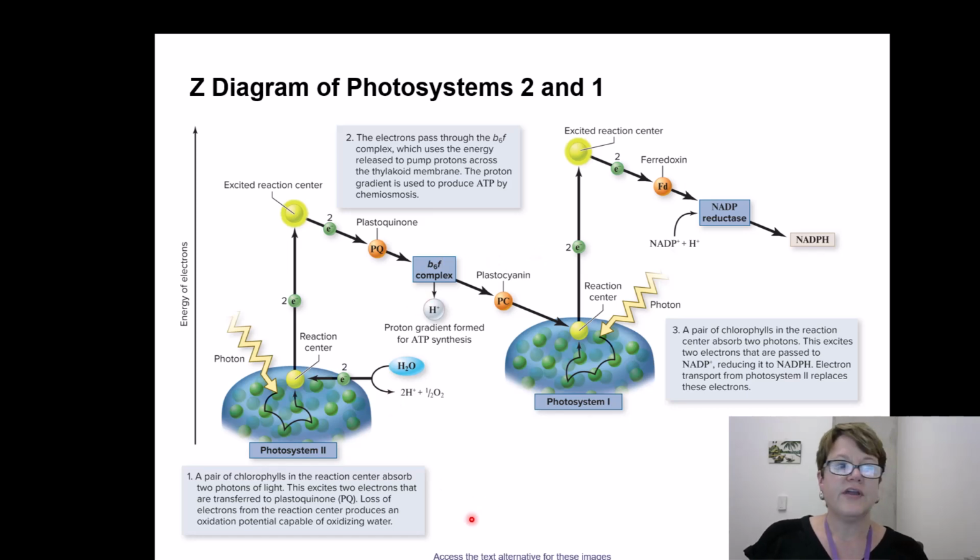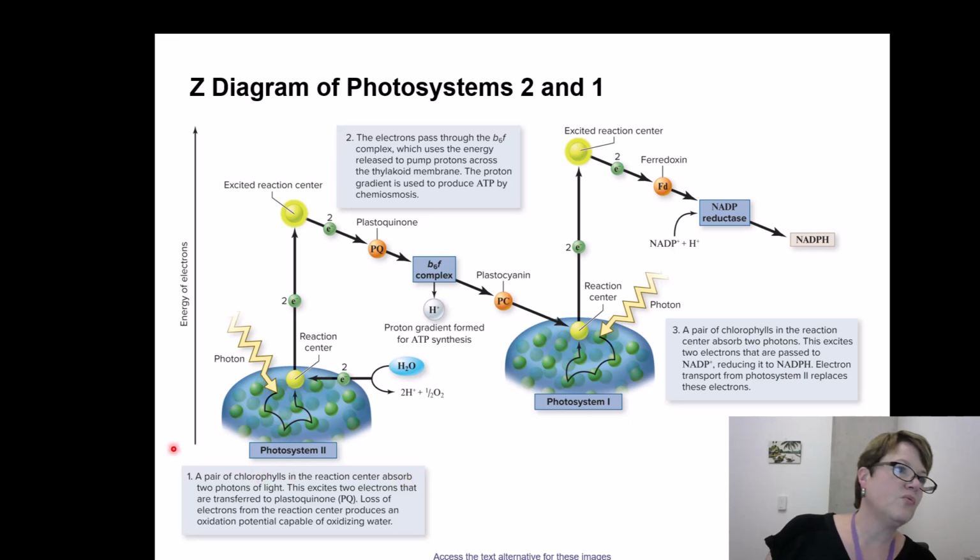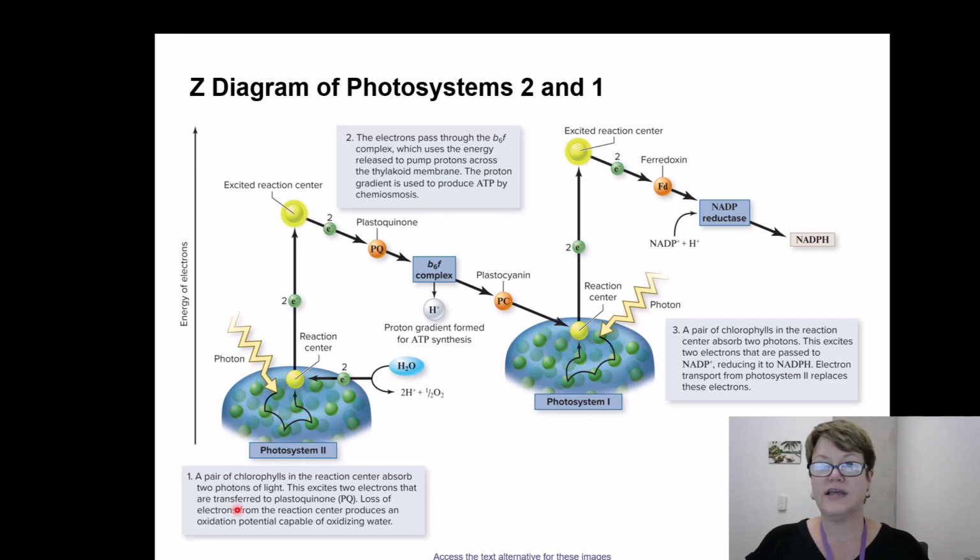So this diagram, this is a favorite of biochemists. What they like to show on the y-axis is how much energy the electrons have. Now, guys, the electrons are not shooting out of the thylakoid membrane.